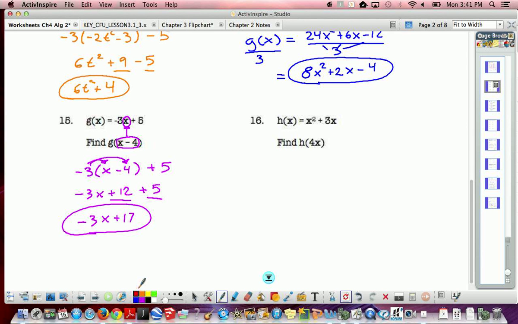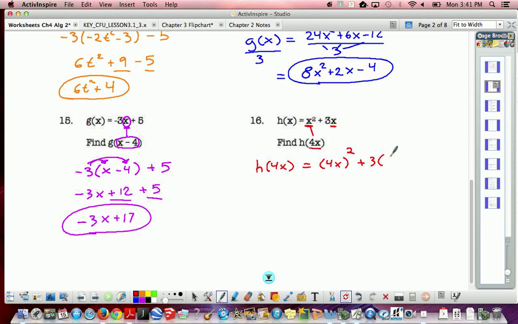Last problem on the page. It says find h of 4x. So this one here I want to replace all of the x's with 4x. So h of 4x equals 4x quantity being squared, plus 3 times 4x. So I'm replacing the x with 4x. It's going to be the tricky part.